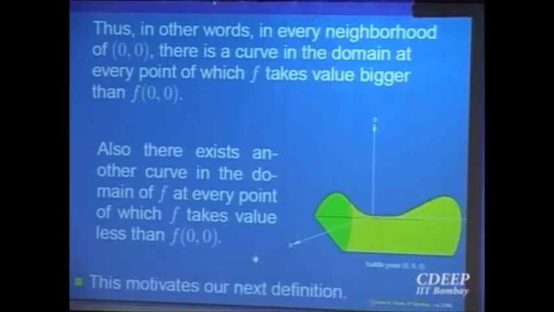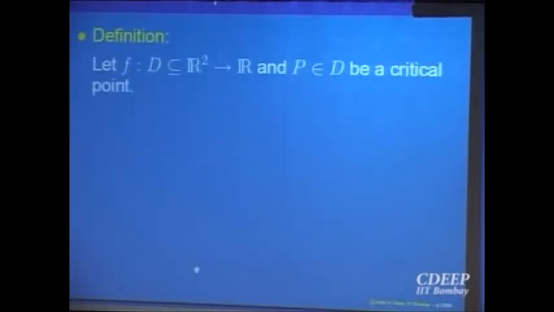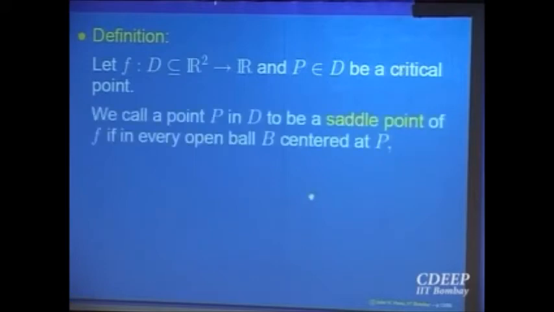So the points which have this property are called saddle points. Let us define properly what these points are. A function of two variables is defined in a neighborhood D, and a point P has to be, first of all, a critical point. It is called a saddle point for the function if in the domain D, for every ball you take around that point, there is a point where the value of the function is less than the value at P, and some other point where the value is bigger, like the function x square minus y square.